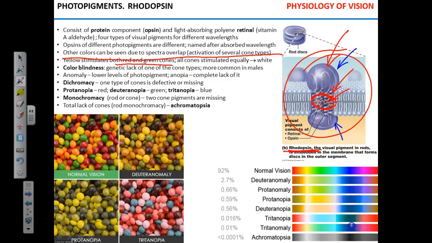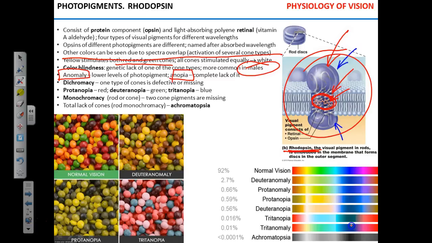Make sense? This condition is more common in males. And the general name anomaly is the lower level of pigment. Anopia is the lack of pigment. Okay? Does that make sense?